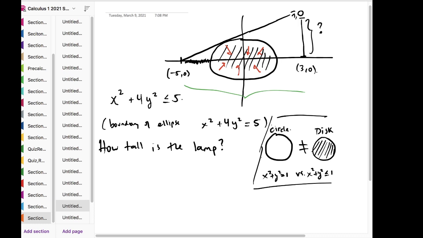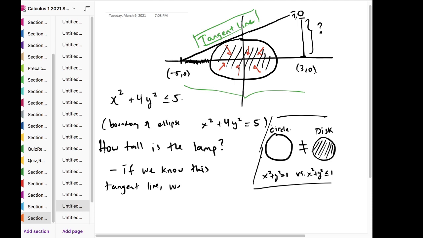I'll give a hint, it's not a triangle. Yeah, actually the tangent line will give us the answer immediately. Why would the tangent line give the answer? If we know the tangent line, we know the answer. Where is the lamp?